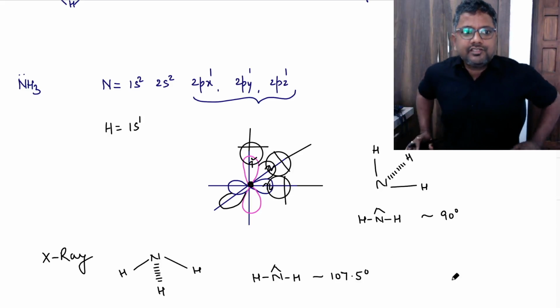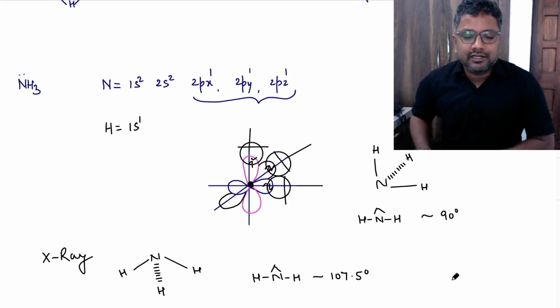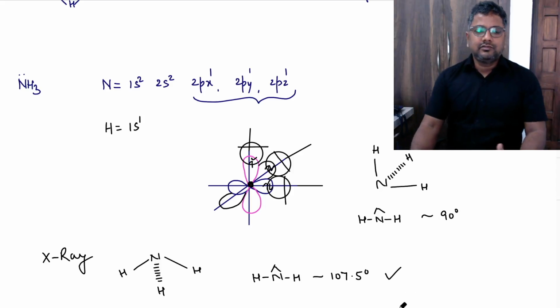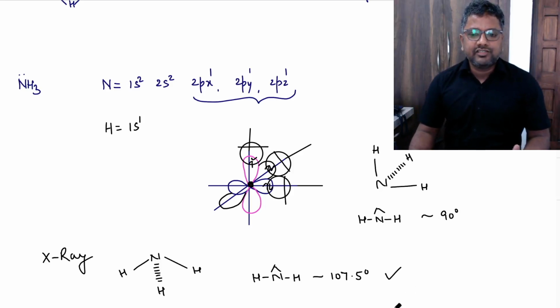Now tell me which value you are going to consider correct, this or this. Obviously this is correct. So even the formation of the ammonia molecule is not explained by this VBT model.